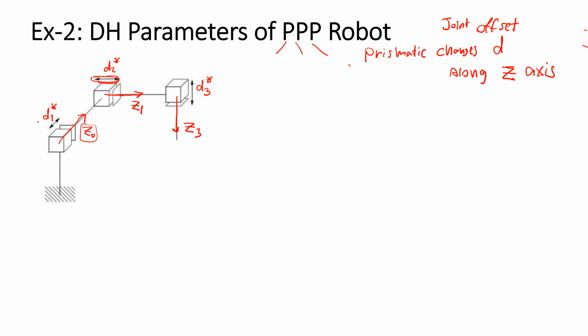If joint 1 changes the variable d1, it will push things in that direction, or come back. If joint 2 changes the variable d, it can move things to the left and right. If joint 3 changes d, it will lift things up and down. So the first step for prismatic is to direct the z direction to the robot.